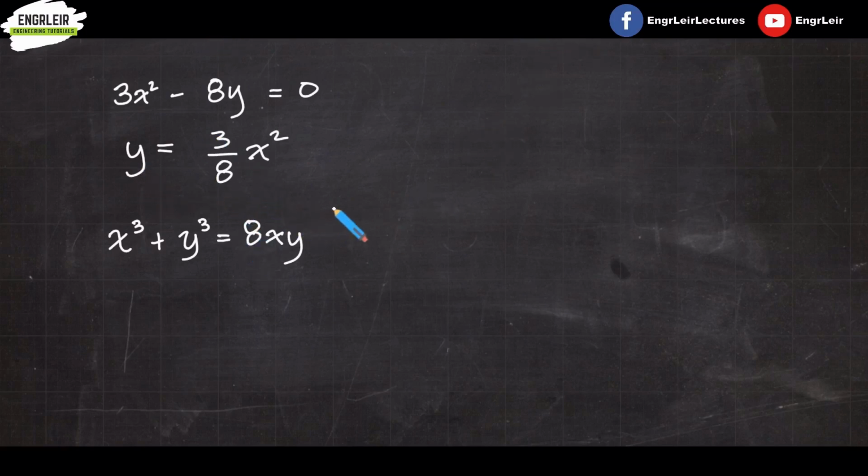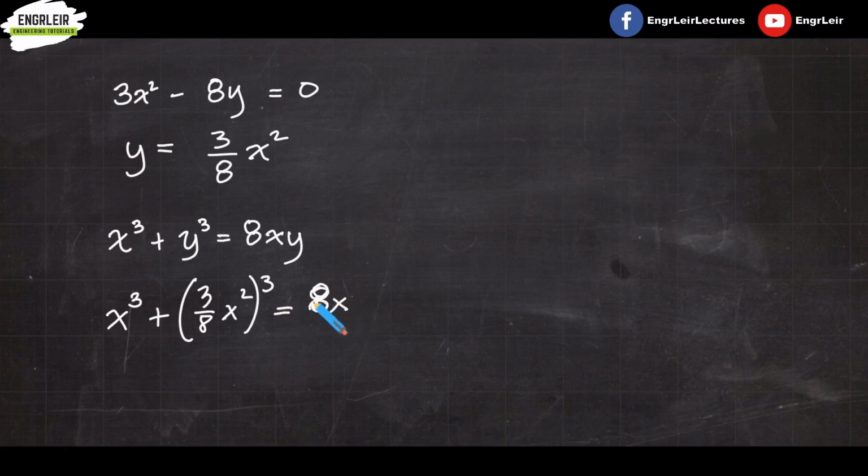To get the intersection between two functions, you need to be able to substitute one into the other. So since this is the y we got, 3 over 8 x squared, substitute it here. This would be x cubed plus 3 over 8 x squared, cubed, equal to 8x times 3 over 8 x squared. Simplifying, we will get the following.